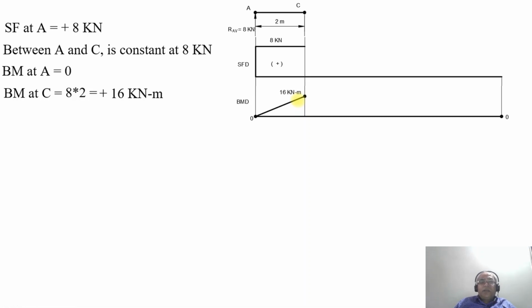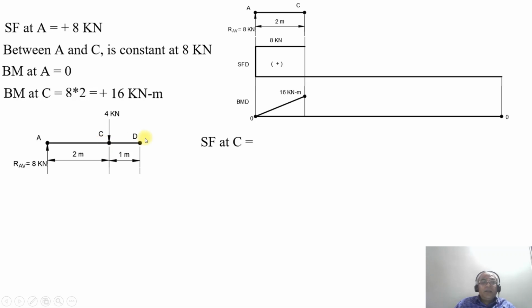Now we will consider the next condition wherein we apply the point load of 4 kilonewton at the point C, and we take the distance of 1 meter from C to D. Now what will be the SF at the point C?